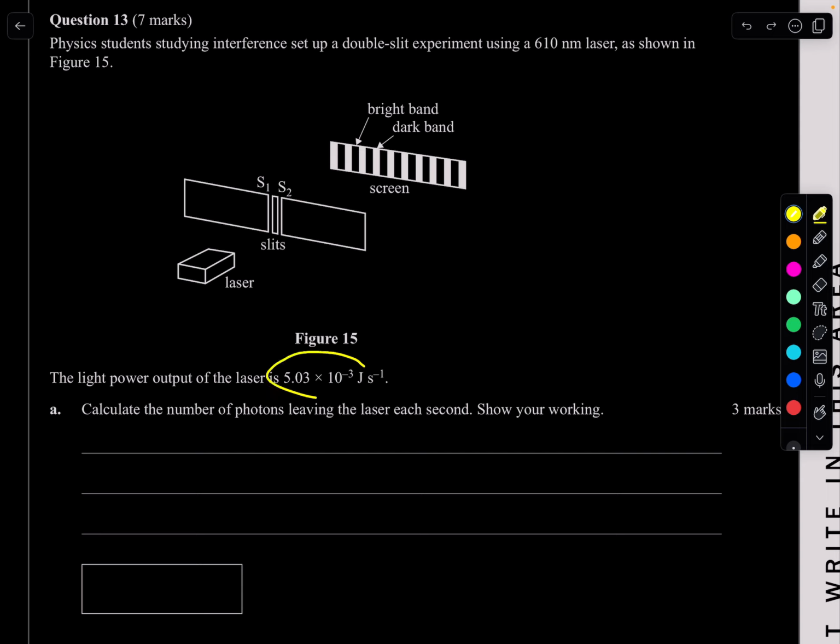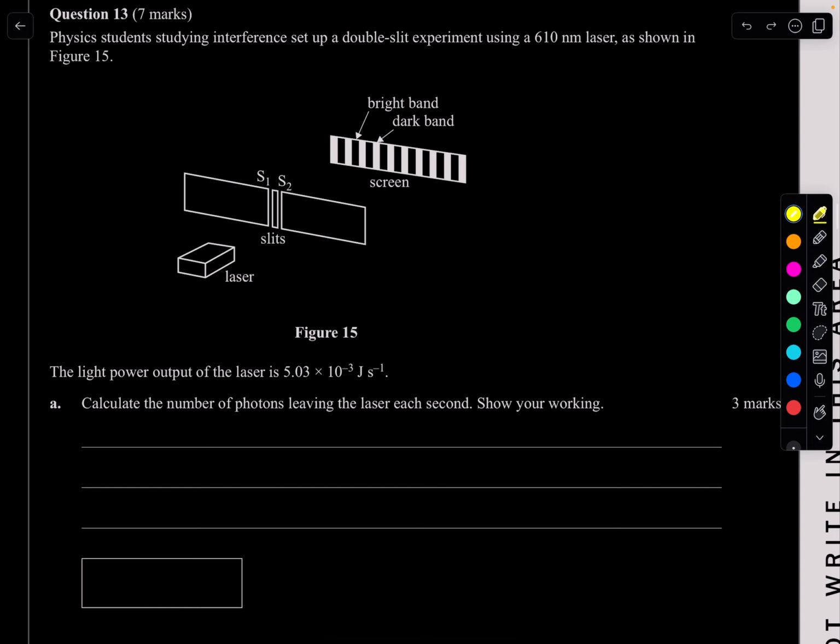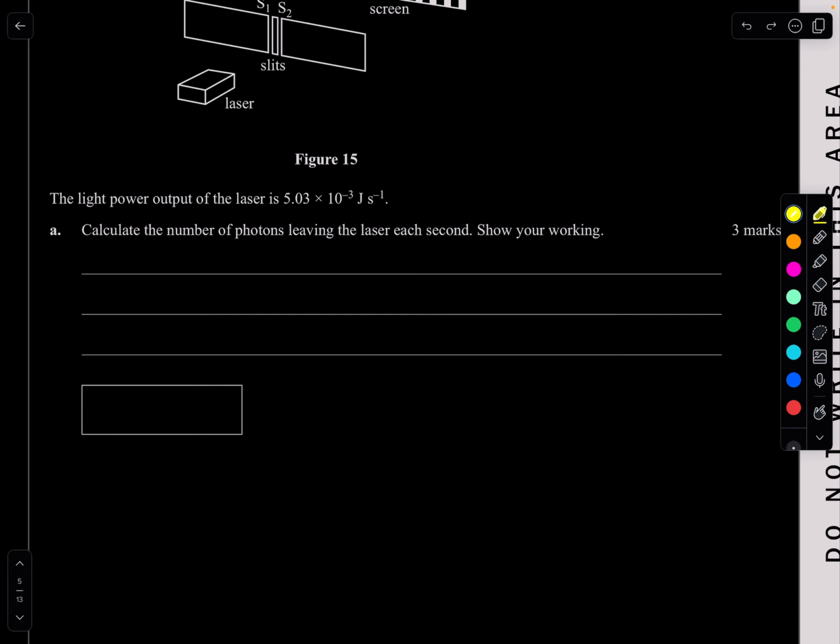So this is how much energy in total is leaving each second. We just need to calculate how much energy one photon outputs.